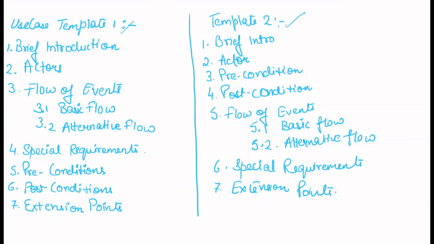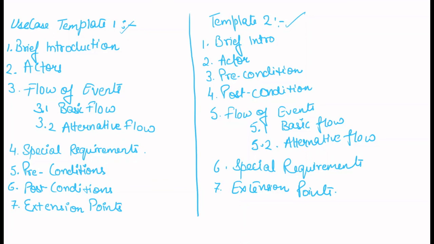Third is the flow of events, where we have two kinds of flows. The very first is basic flow and the second is alternative flow. For basic flow, we list the primary events that will occur when the use case is executed, whereas in the alternative flow we mention any alternative flow which is required for a particular use case, right?